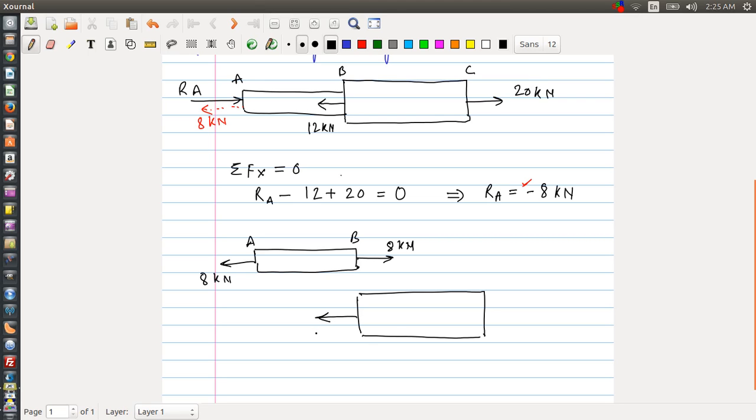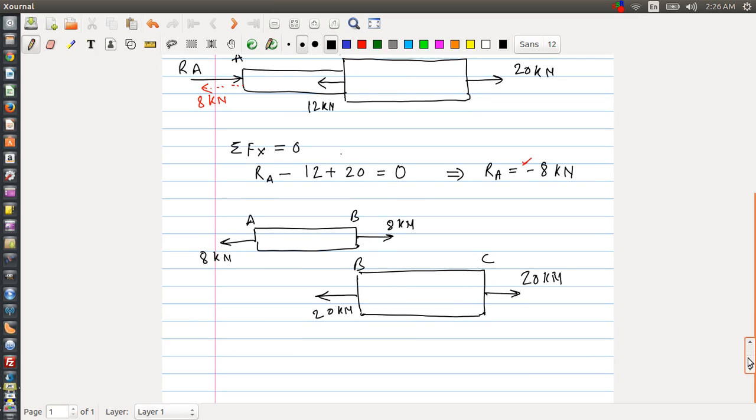So how much should we be applying at the section for the equilibrium of section BC? 20 kilonewtons. So the net result is going to be 20 minus 8, which is 12 kilonewtons in the negative x direction. And at the free end C we already have 20 kilonewtons. So it turns out that if our calculation is going right, we should be getting the same load as is applied at section C.